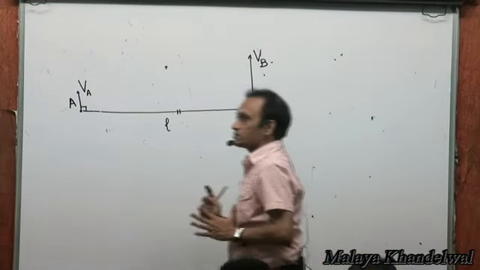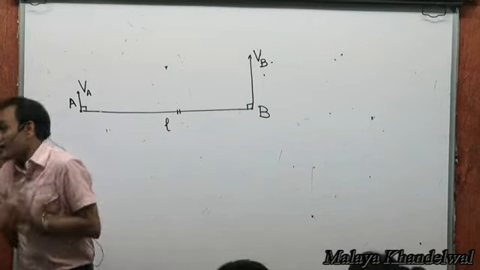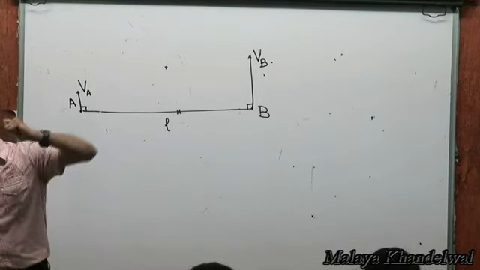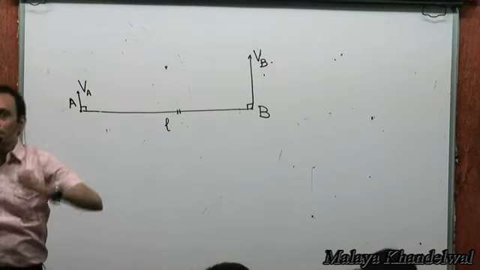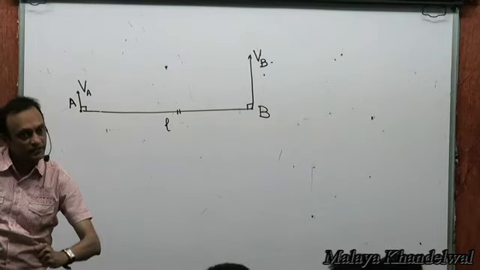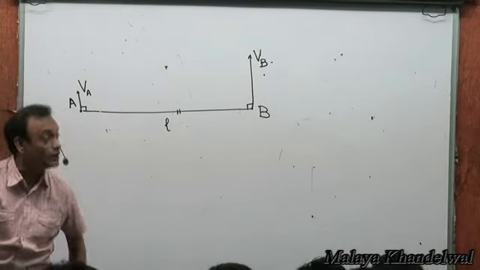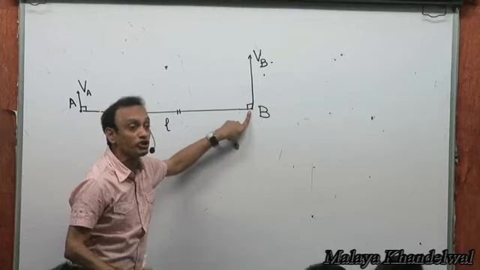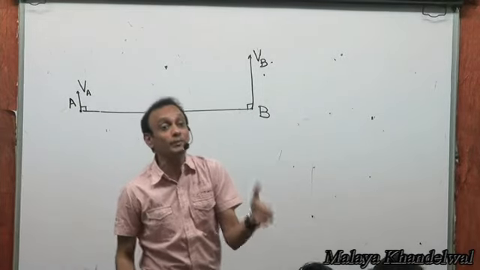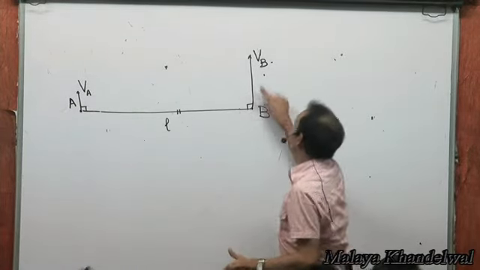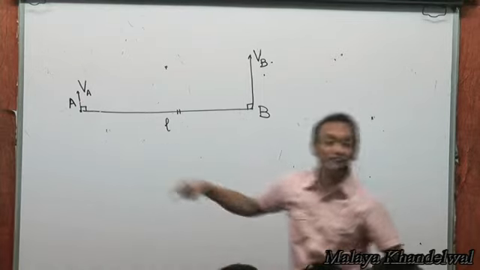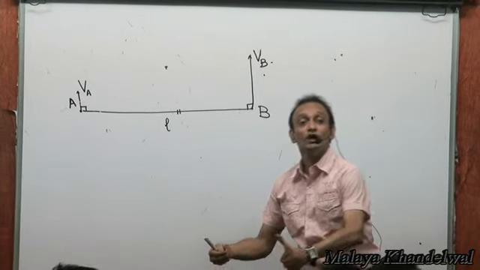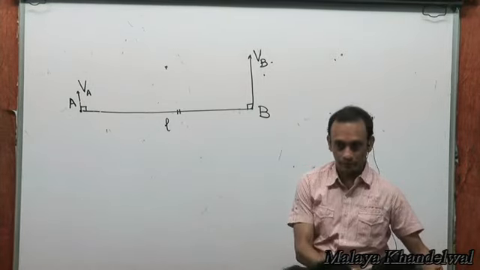So as seen by A, it's as if A is my observer. It's as if I can pin A down. The moment I look upon A as my observer, that means fix A permanently, I would have to remedy the velocity of B. The velocity of B will no longer be VB, but will be velocity of B minus velocity of A, the velocity of B with respect to A, right?